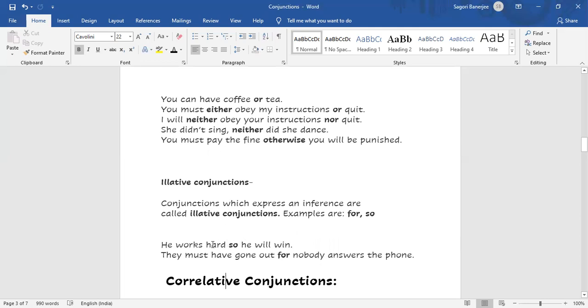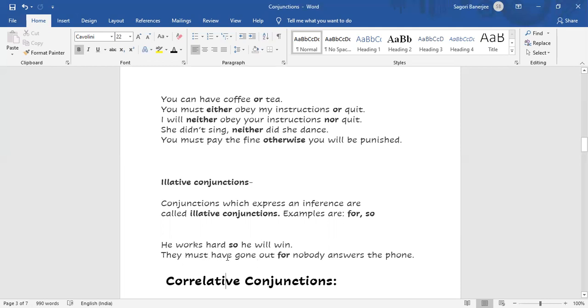So it's showing reason, it's showing inference. He works hard, so he will win. Why will he win? Because he works hard. So is a conjunction which is called illative coordinating conjunction. So is showing the inference or reason.